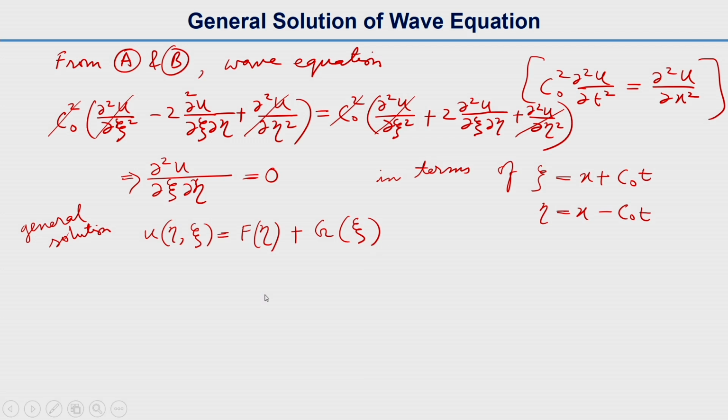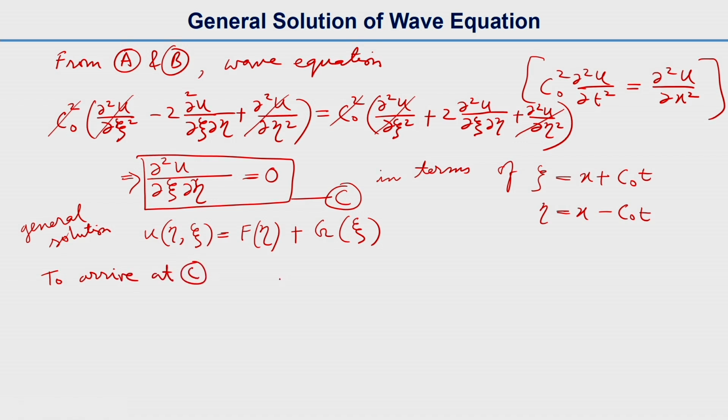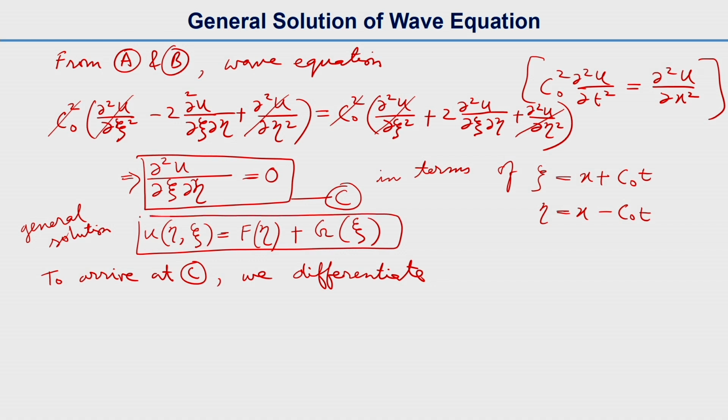To arrive at this wave equation, let us say we write it as C. To arrive at C, we will just verify by differentiating this, let us say d, with respect to our two variables, and see whether we end up with that equation.